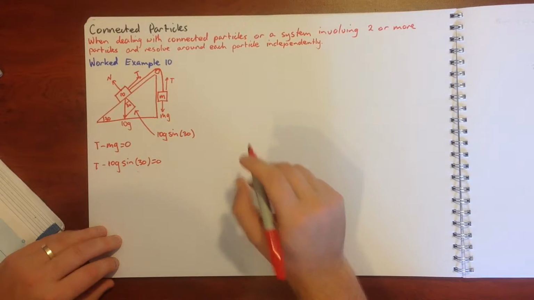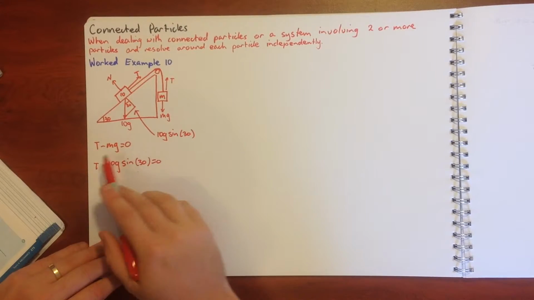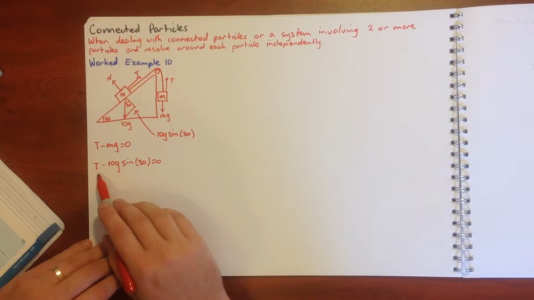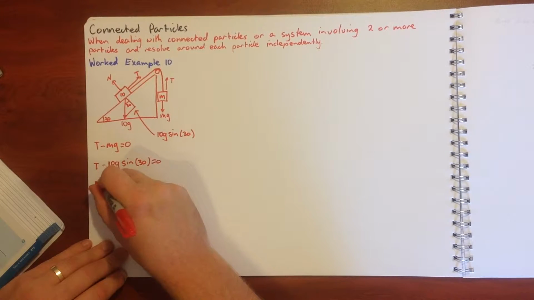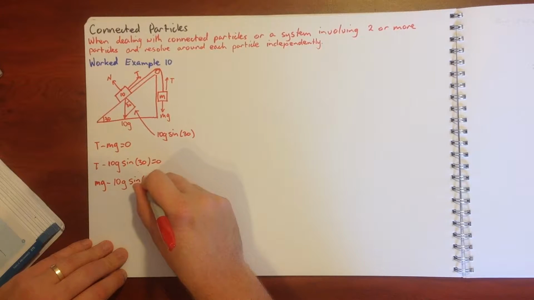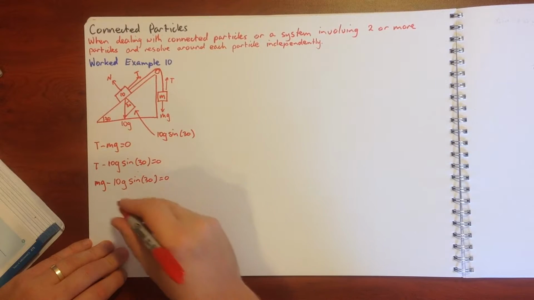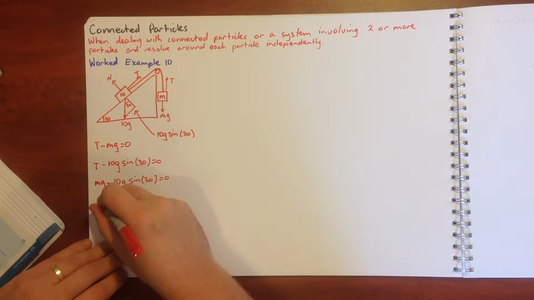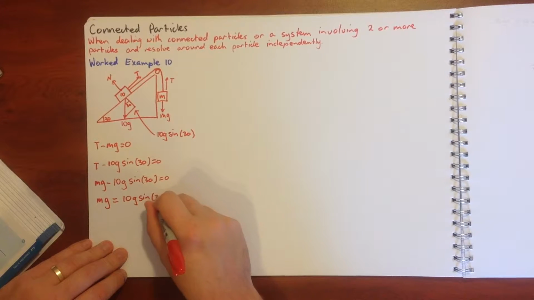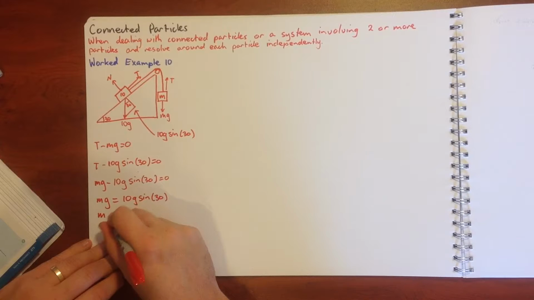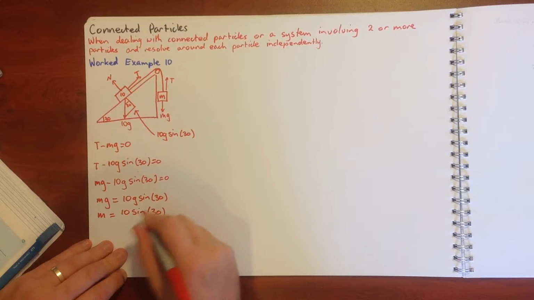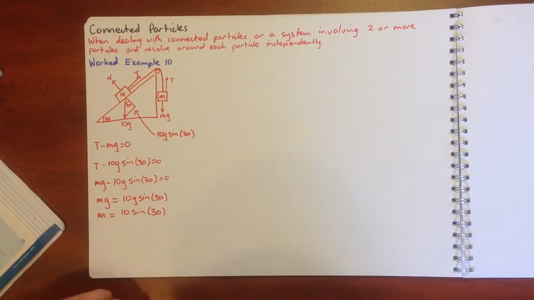So we can really say that rearranging for T for both of these means T is going to equal mg, so we can simply say that mg minus 10g sine of 30 equals 0. So mg equals 10g sine of 30. So m equals 10 sine of 30, because we'll divide by g and they'll cancel out.